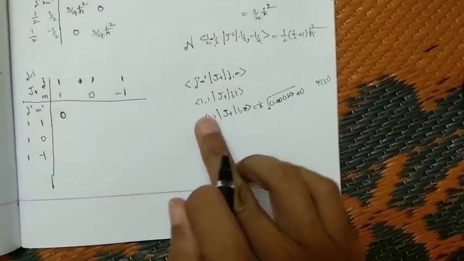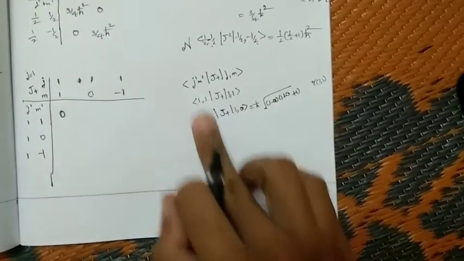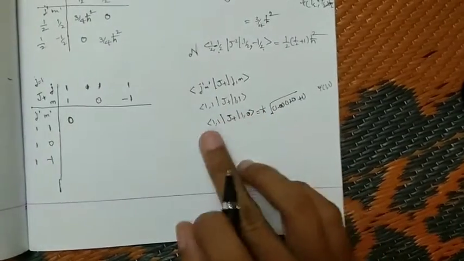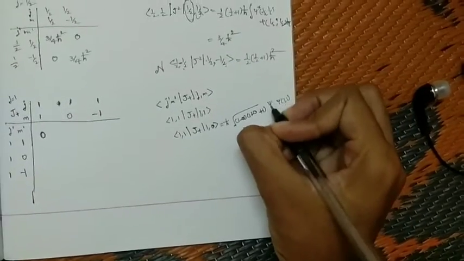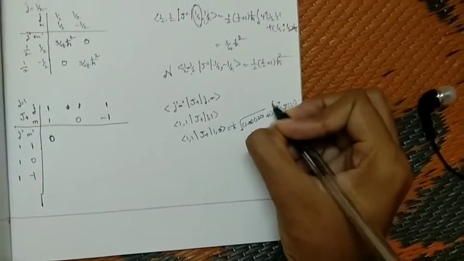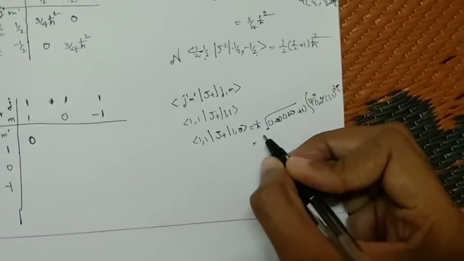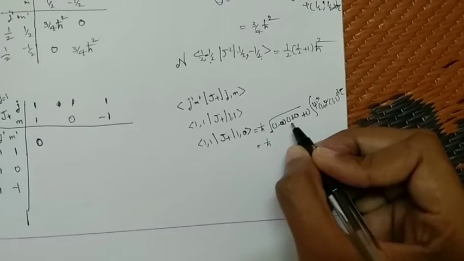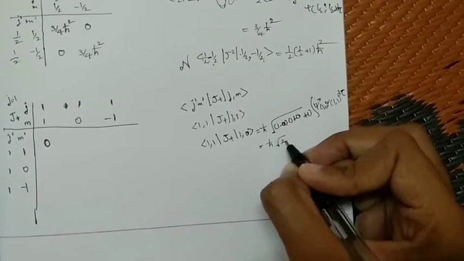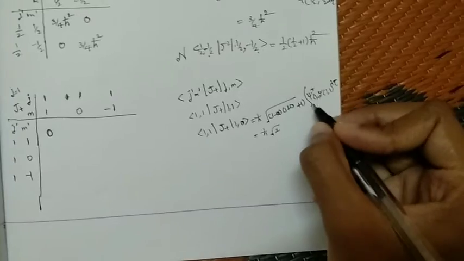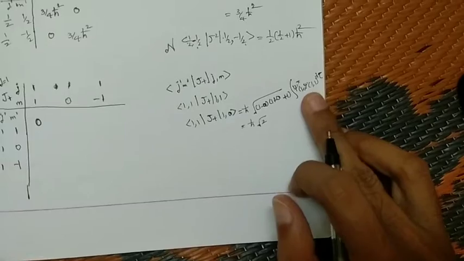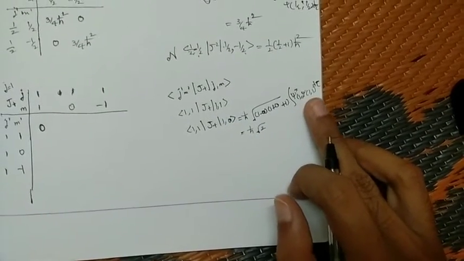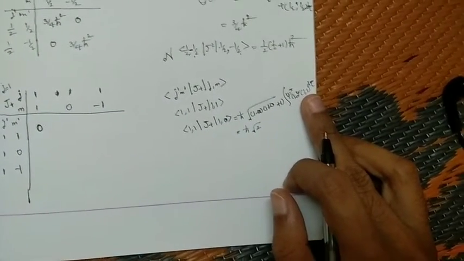On the other side we have this wave function, the bra, and this is the ket form, that is the conjugate form of this wave function, xi star of 1 comma 1, and integration of d tau. Based on this, what we get is h cut into root over 1 into 1 plus 1, that is 1 into 2, so root 2 h cut, and this is nothing but 1 because here J equals J dash equals 1 and M dash equals 0 plus 1, that is 1.